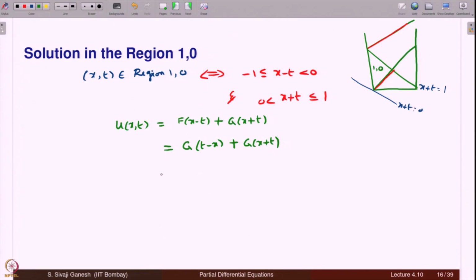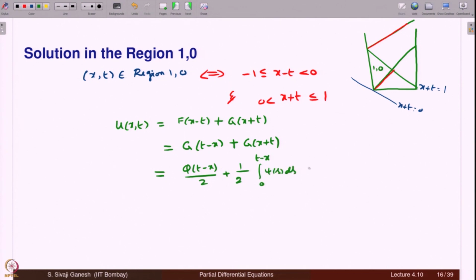Now, let us substitute the expressions for g that we know, f and g, in this case only g is relevant. On 0 1 we know the expression for g. Using that what we get is phi of t minus x by 2 plus 1 by 2 into integral 0 to t minus x psi s ds.